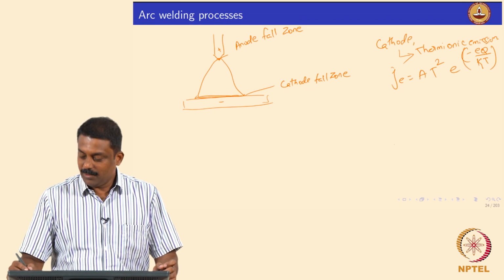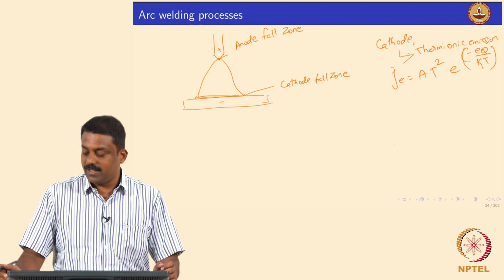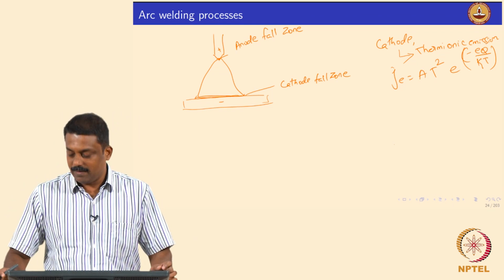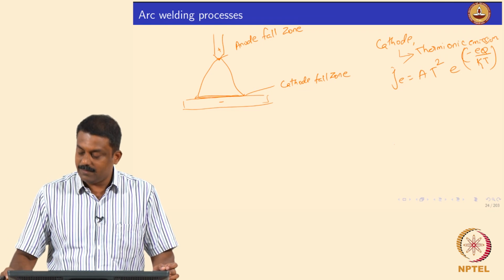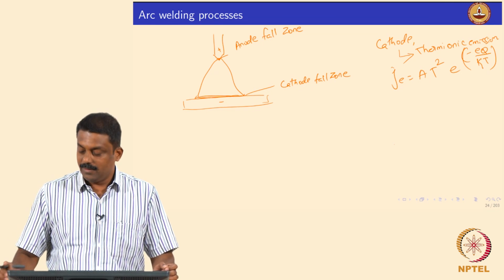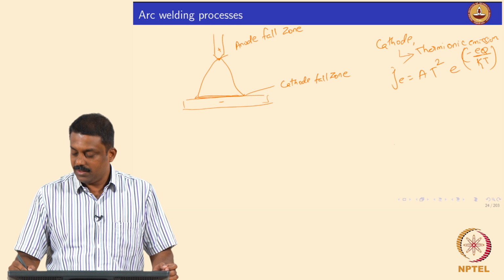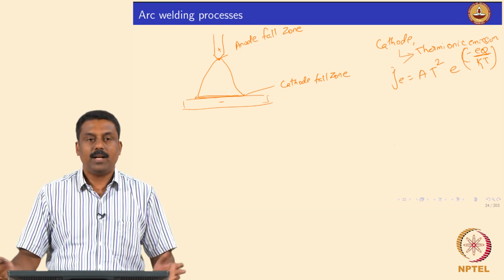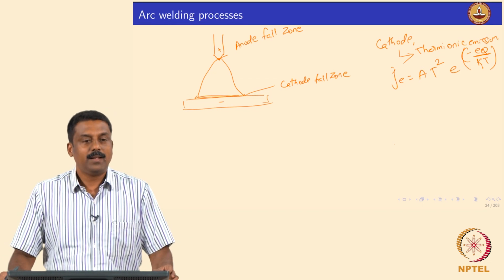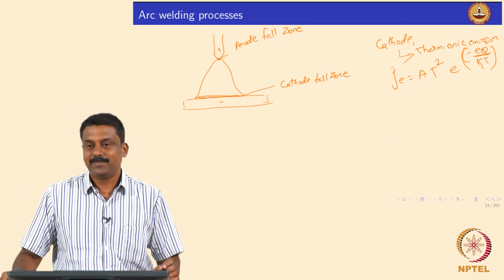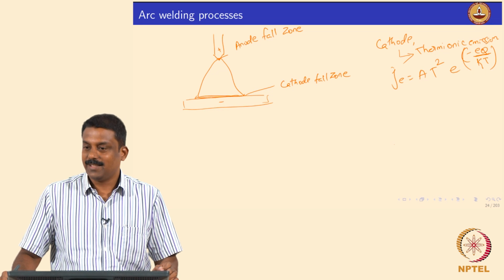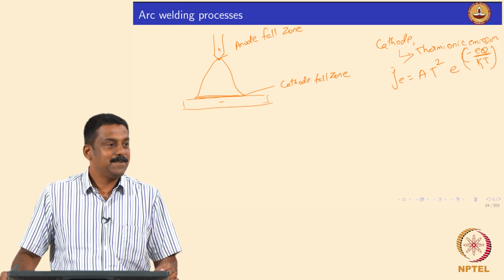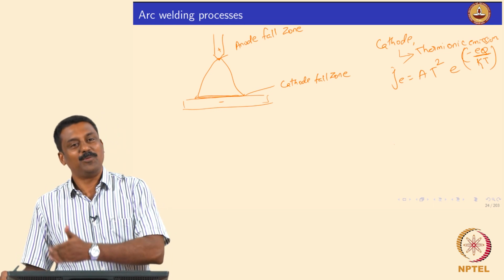The work function we defined as the work we do to emit an electron from a material, in this case for example the cathode, right? So e is nothing but the charge, and phi is the work function, given in electron volts. So what is 1 electron volt? How many joules is 1 electron volt? Or 1 joule is how many electron volts?